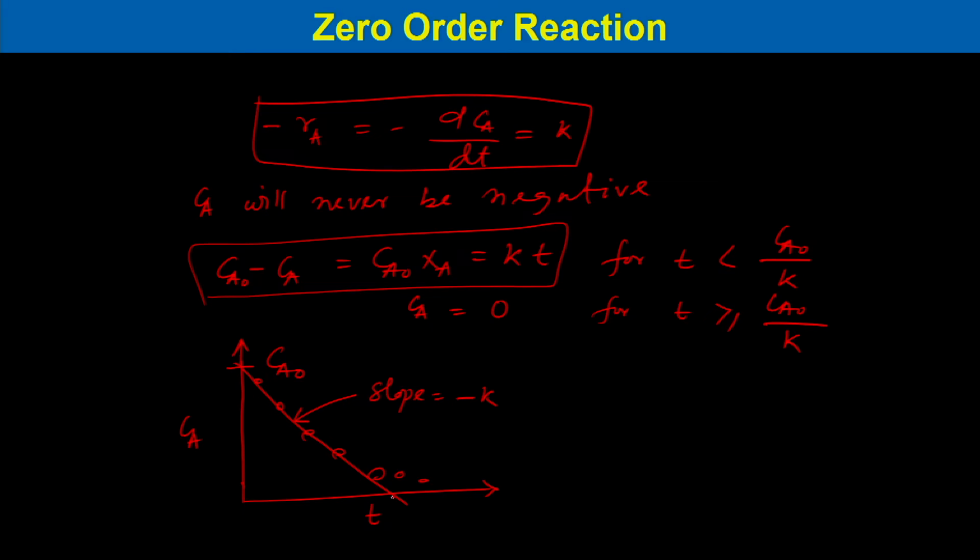The time at this location, t, would be equal to C_A0 by k. If we plot from here, C_A0 minus C_A is equal to C_A0 into X_A, which is equal to kt, and that is valid for t less than C_A0 by k.